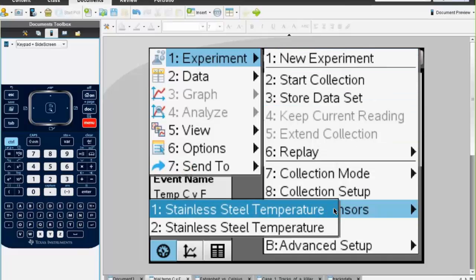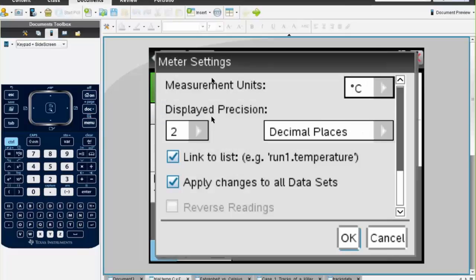Because I've already set them up, we can see one was in Celsius and one was in Fahrenheit. Very quickly, you can see here I've got 2 sensors. They're stainless steel temperature sensors. We can change between Celsius, Fahrenheit, or Kelvin if you want to, so I'll leave that as Celsius. I've chosen 2 decimal points for precision. You can drop it back to 1.